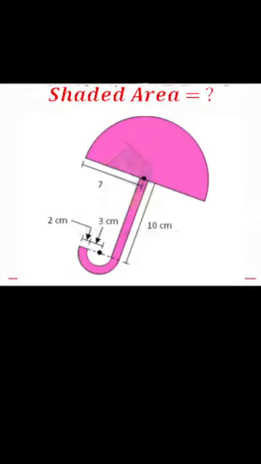Anyone with the correct answer for this? 0.5 pi plus 20, okay. 0.5 plus 10, okay. We'll have all of the answers and then I'll solve and we'll see which one is the correct answer.